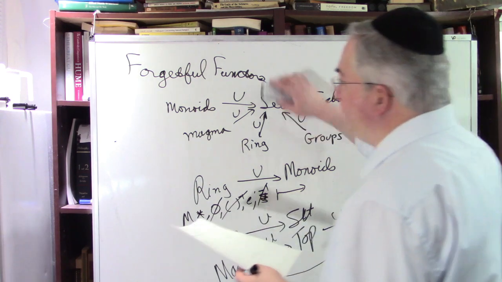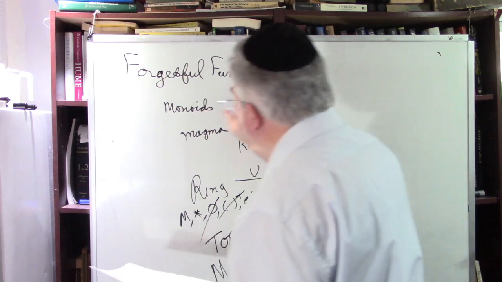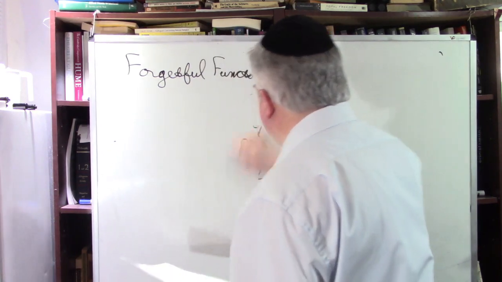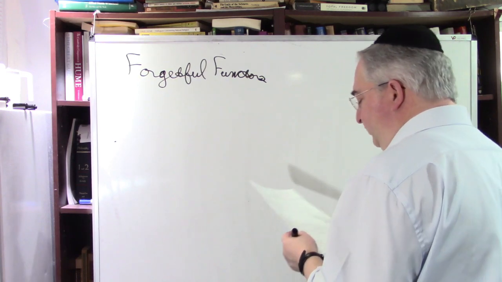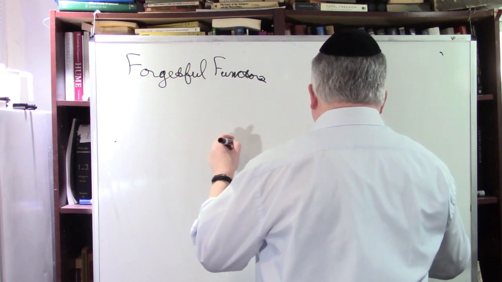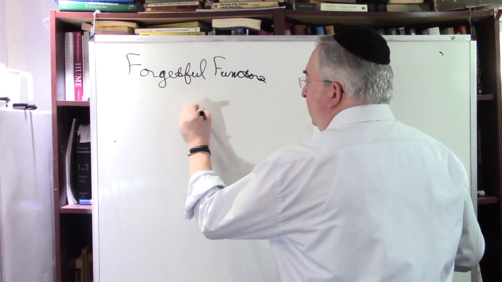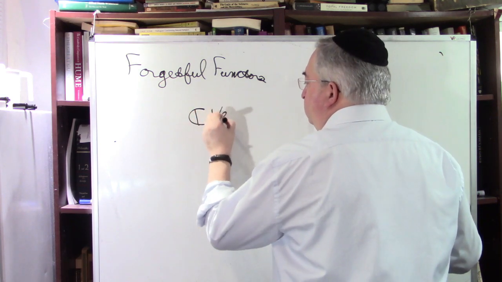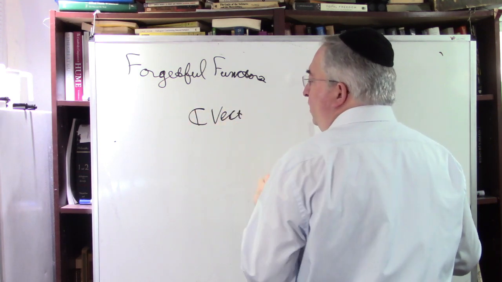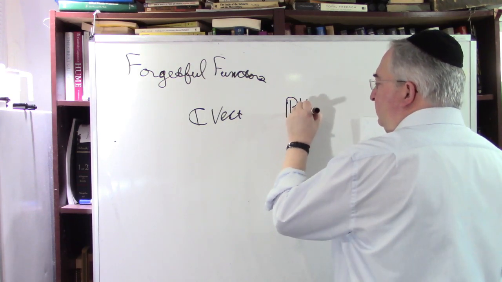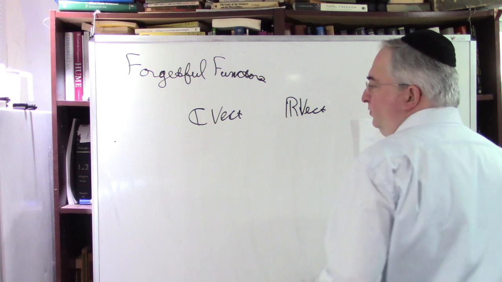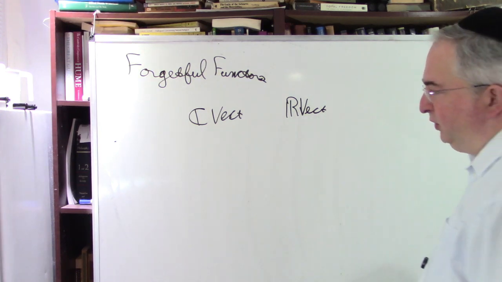Okay, two more examples of forgetful functors, namely complex vector spaces and real vector spaces. Let's just remember what these are.